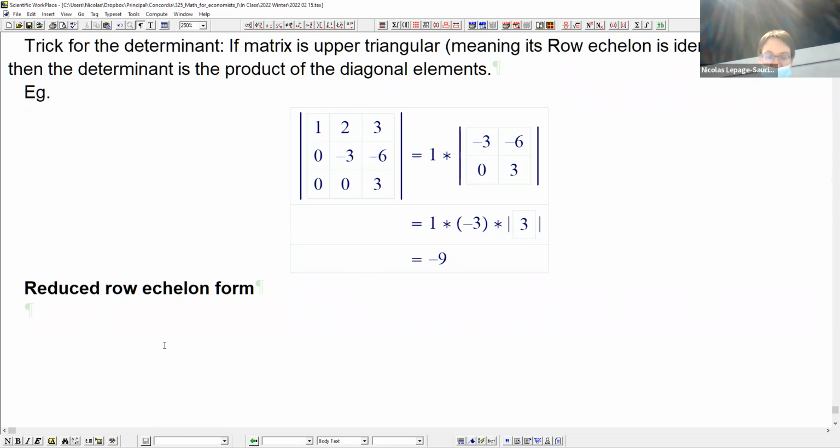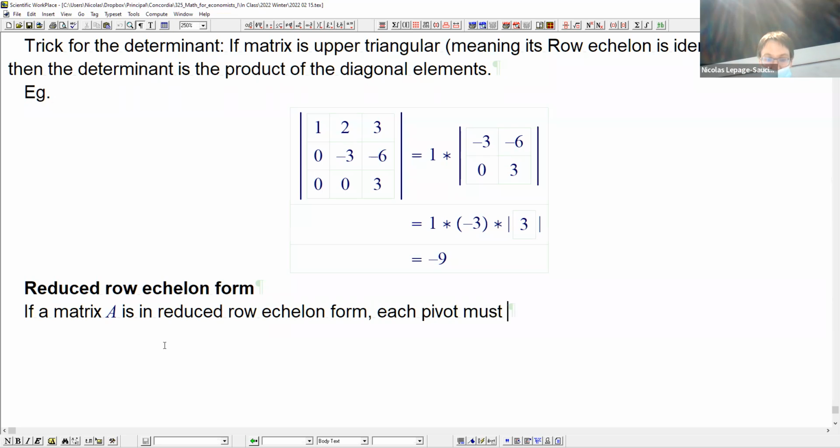If matrix A is in reduced echelon form, each pivot must be 1. And all elements above the pivot must be 0.